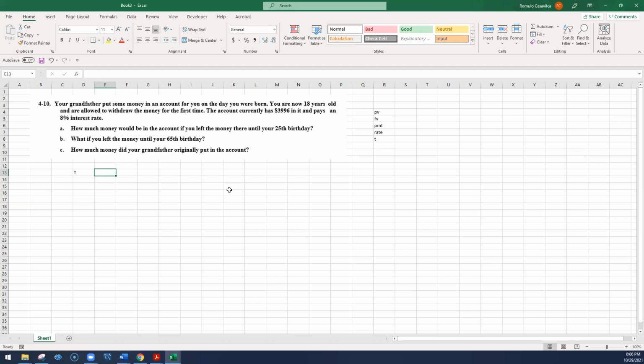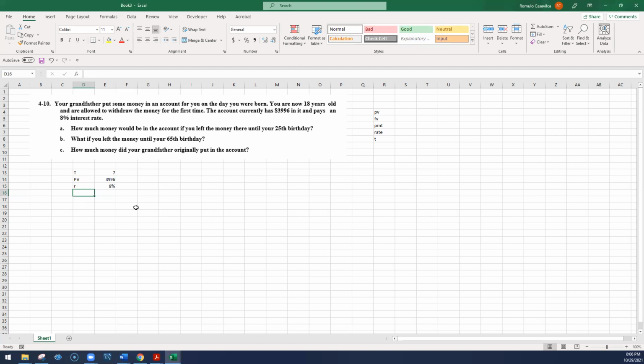So this is 7 years, because 25 minus 18 is 7 years. We have a present value, which is 396, your account balance at 18, and you have the rate, which is 8%. It's just normal compounding interest yearly. It doesn't say monthly, so this is very simple.